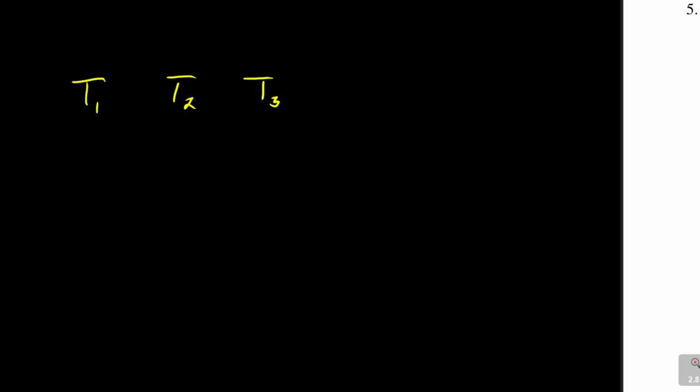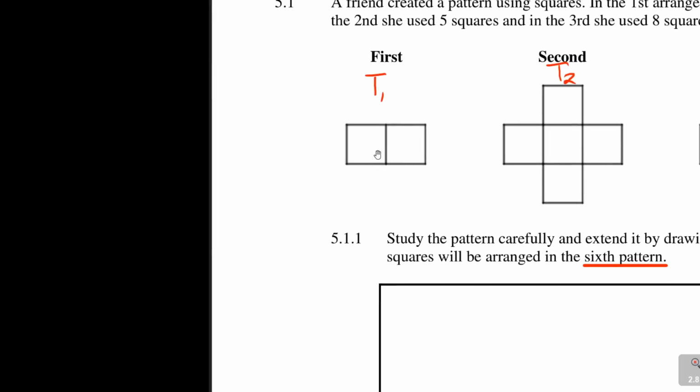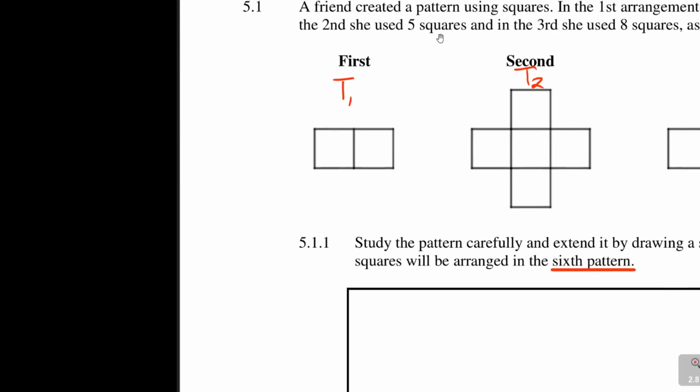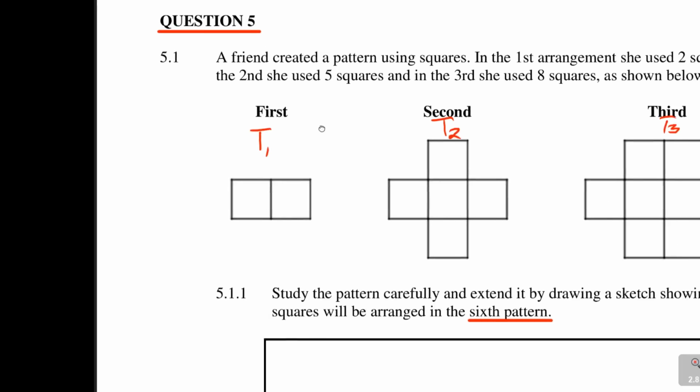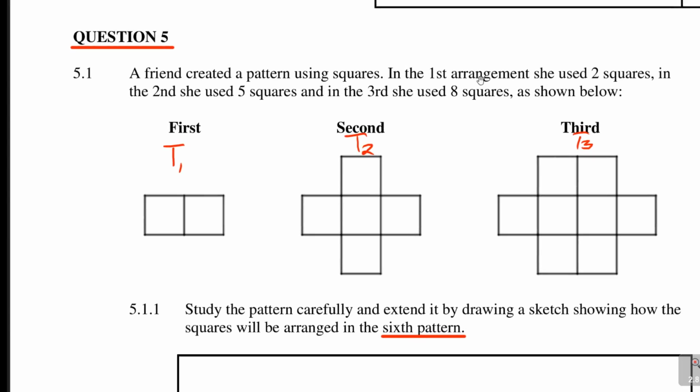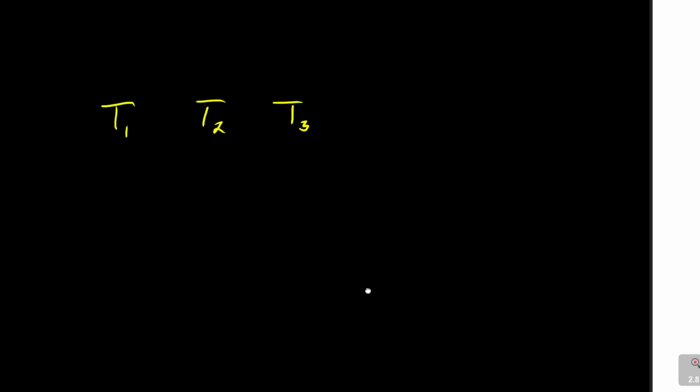And then they told us the squares, it was 2, 5, 8. They're saying in the first arrangement is 2 squares, then 5 squares, and then 8 squares. So what you have here is your 2, your 5, and your 8.